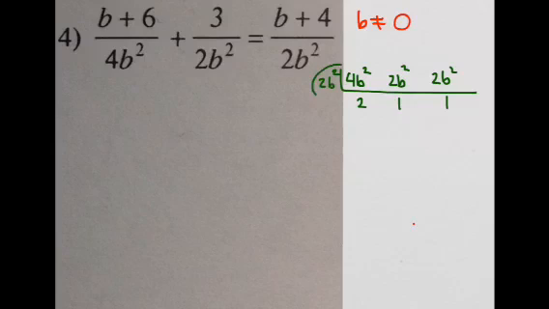So then I'm just going to multiply all these. And so the LCD, 2 times 2 is 4, is 4b squared. That's the LCD. So that's what I'm going to multiply each and every term by. So 4b squared, put over 1.